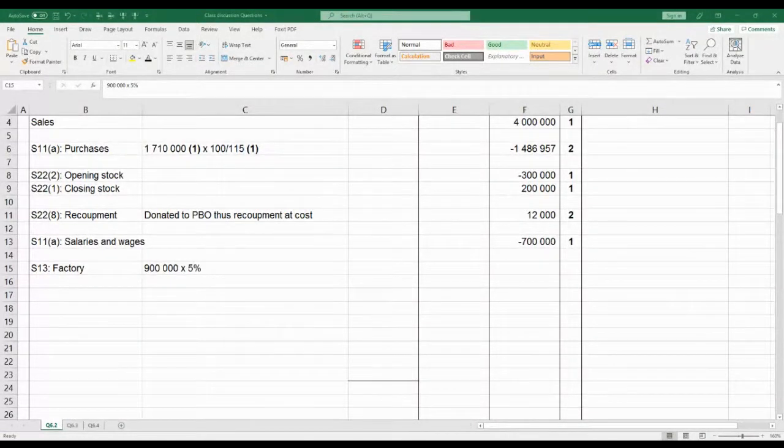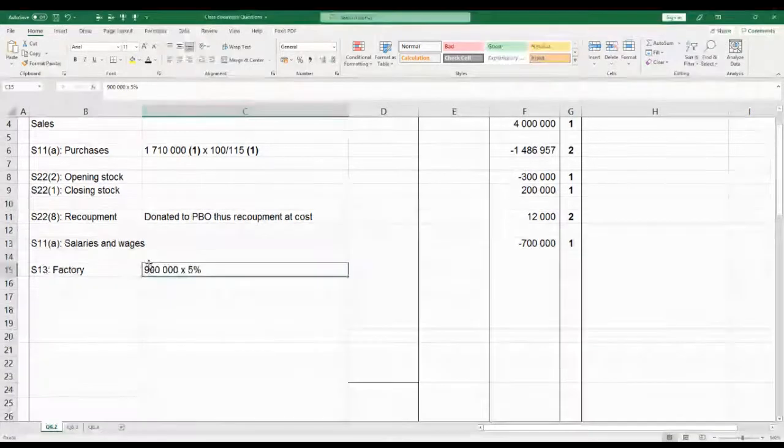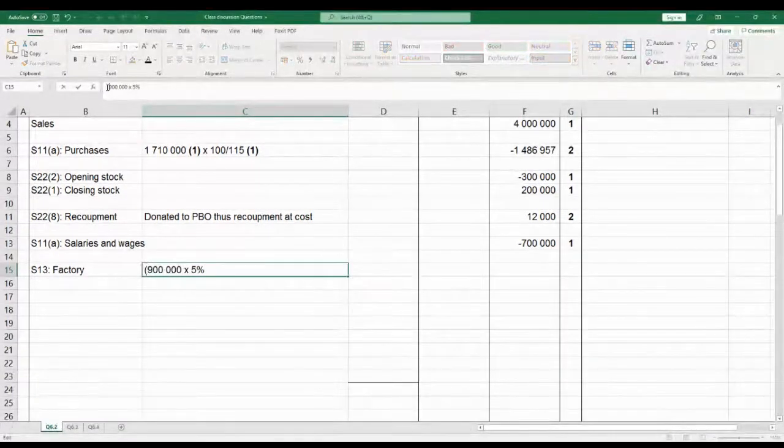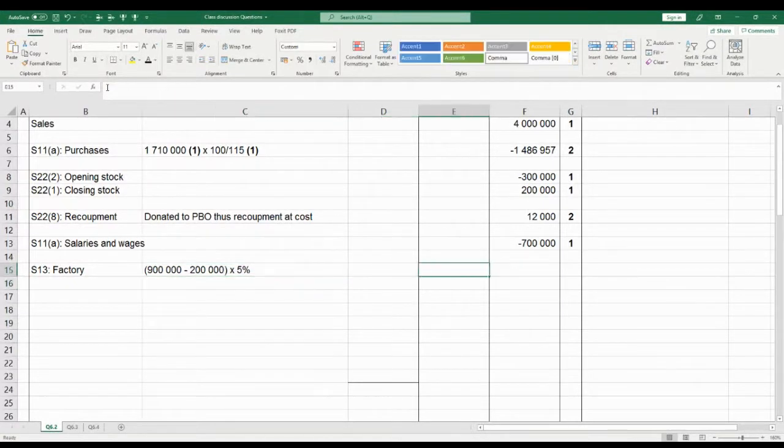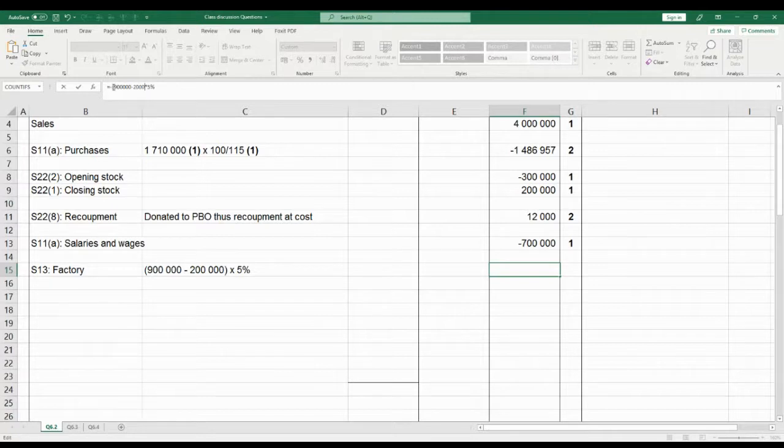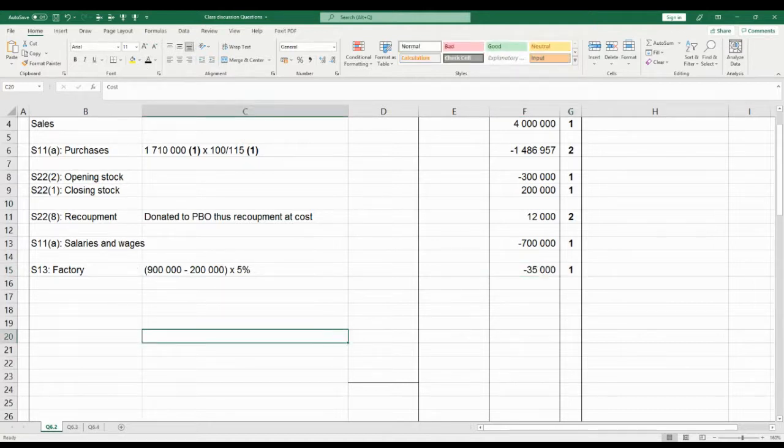Okay, so in terms of the notes for the industrial building, we need to exclude the land amount as well. So we need to deduct the 200,000 from this item, which gives us 700,000, which we apply the 5% to. So you need to deduct the cost of land from the value that you've purchased.